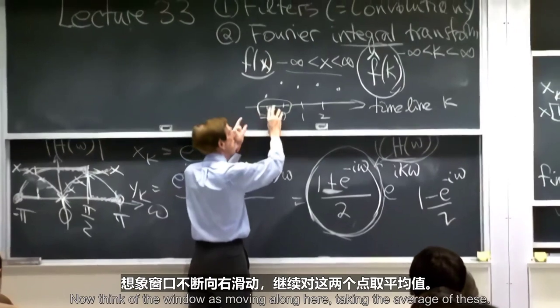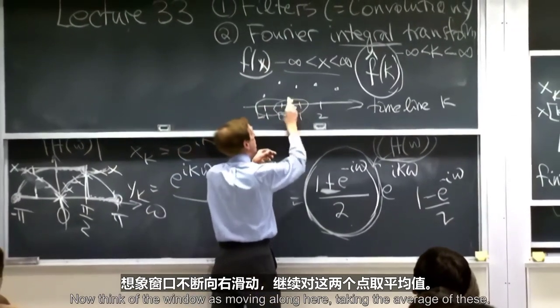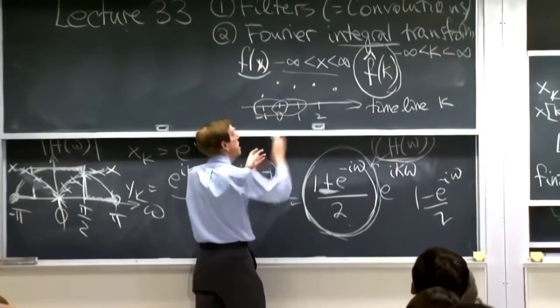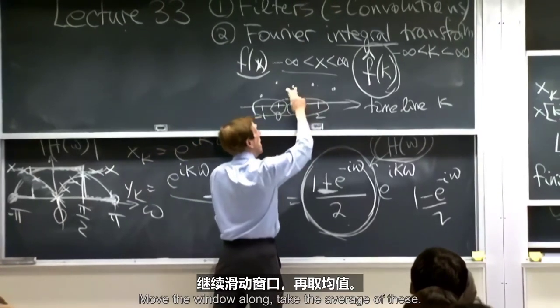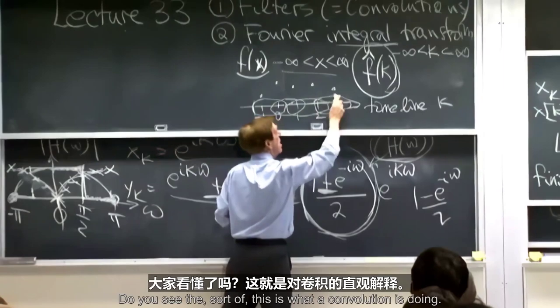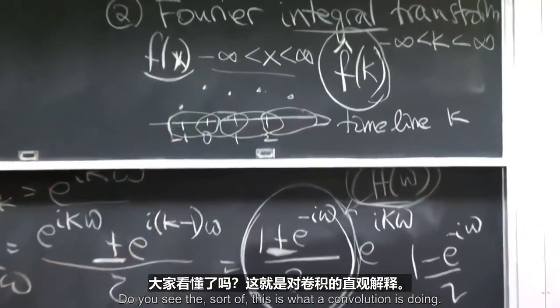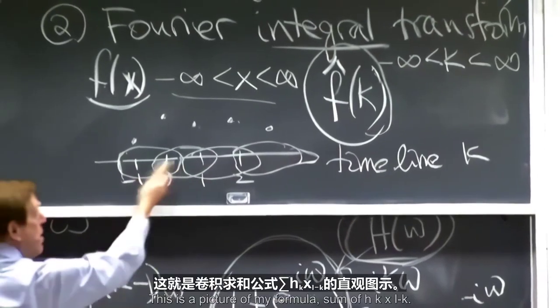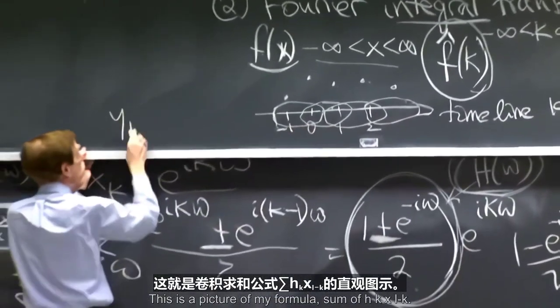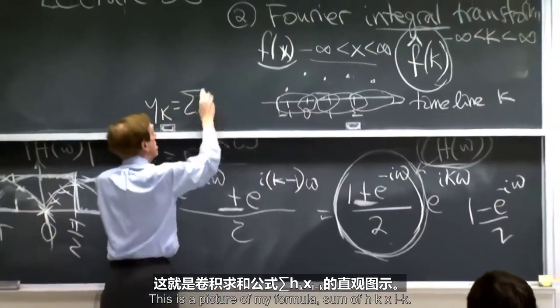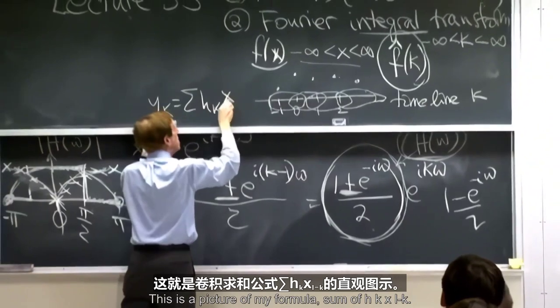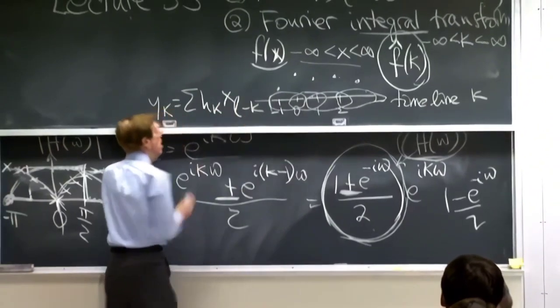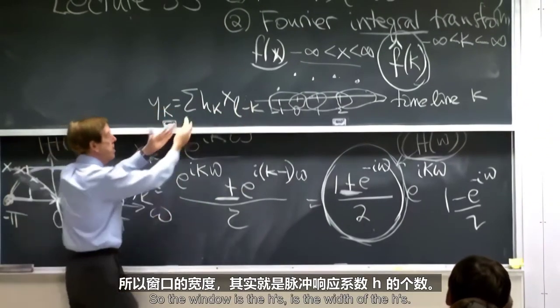That gives me the new output. Now think of the window as moving along here, taking the average of these. Move the window along, take the average of these. Move the window along. Do you see, this is what a convolution is doing. This is a picture of my formula, sum of h_k x_(L minus k).